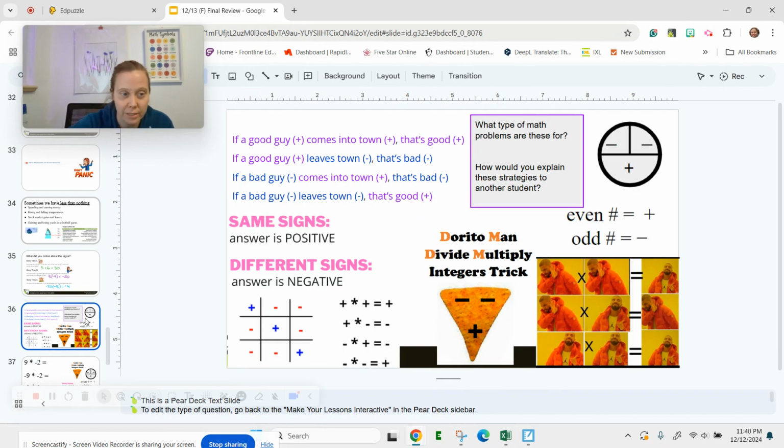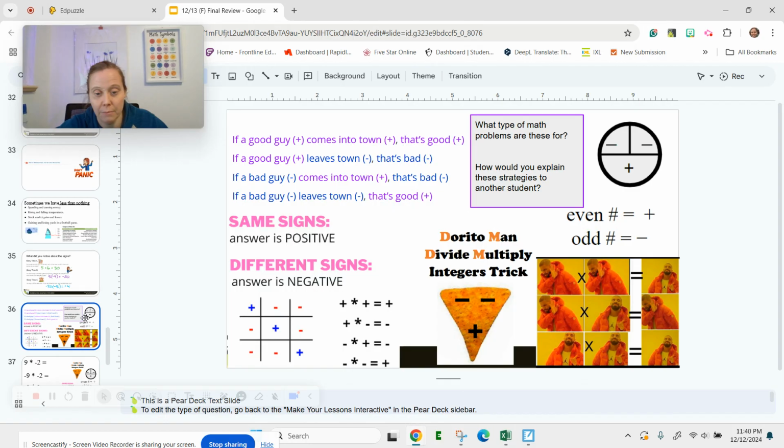If a good guy that's positive comes to town, that's positive, that's a good thing. And if a good guy, which is positive, leaves town, which is negative, that's a bad thing. So we have those ones. We also had the Drake meme over here. A negative times a negative gives us a positive. A negative times a positive gives us a negative. Positive times positive gives us a positive.